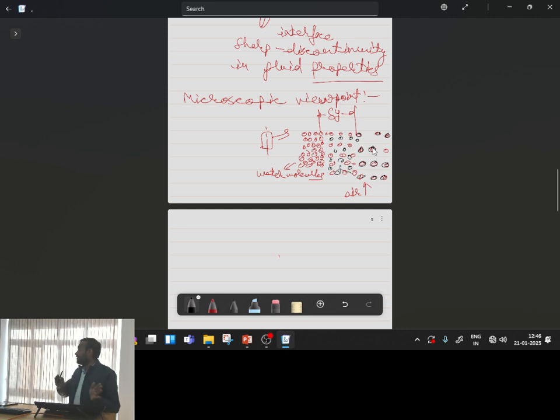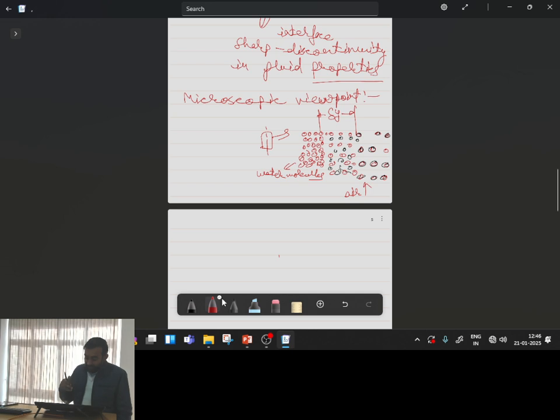In this portion, intermolecular distances are large, so molecules are far apart from each other. But in the interfacial region, the intermolecular distances will be in between those of the liquid and the gas. Is this point clear?